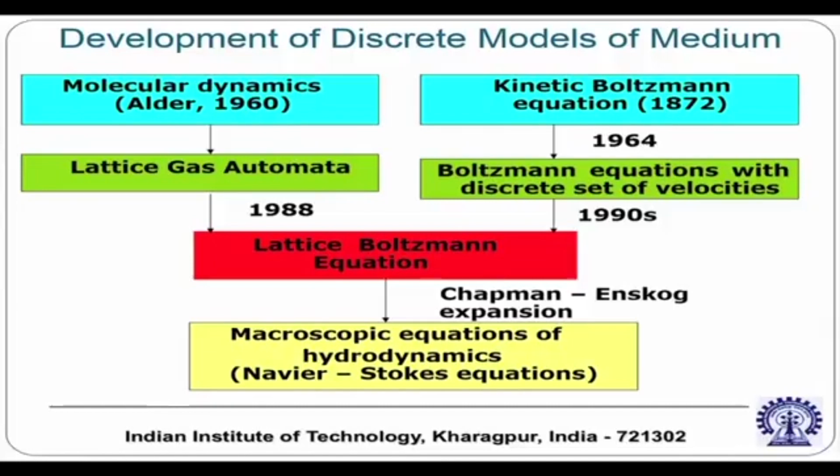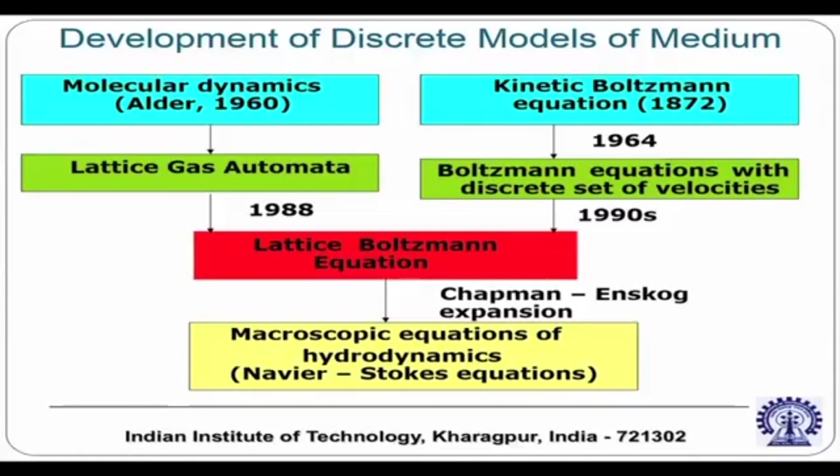So in 1872, Boltzmann first described a transport equation which is known as the kinetic Boltzmann equation, but this equation is based on a probability distribution and it is a complex integro-differential equation.